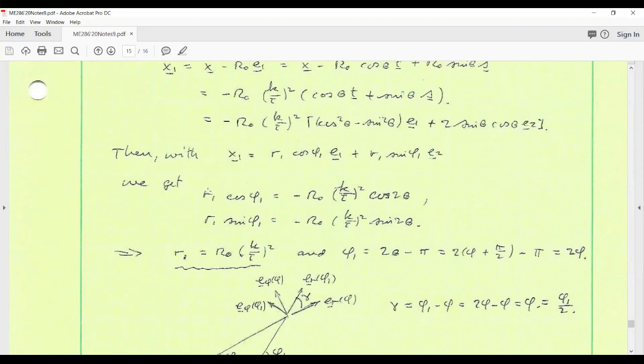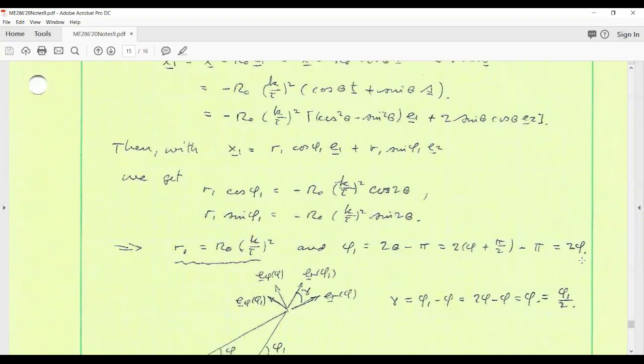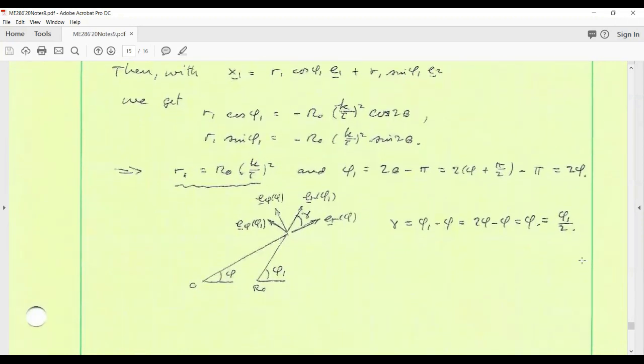And of course, you square these and add to get rid of the phi1 terms to get this. And then take the ratio to get the tangent, and you'll get this. So phi1 is just twice phi, as you expect, just from the diagram. Okay.